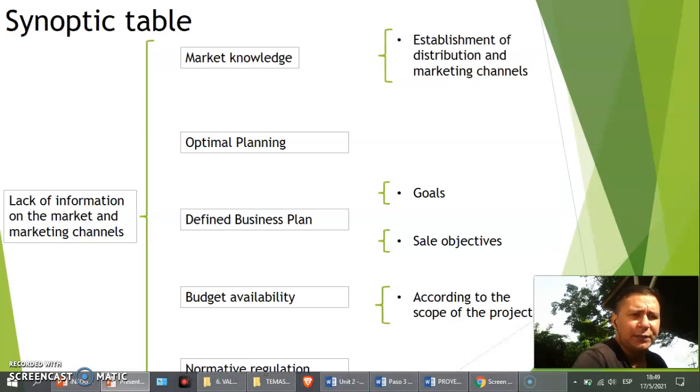And Synopsis tablet lacks information on the market and marketing channels, marketing new lead, optimal placement, defining business plan, public availability, normative regulation.